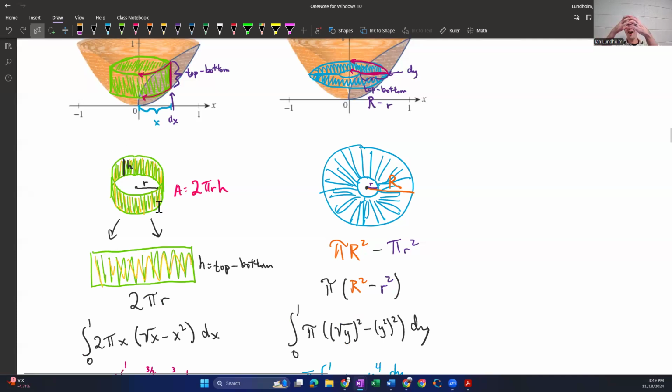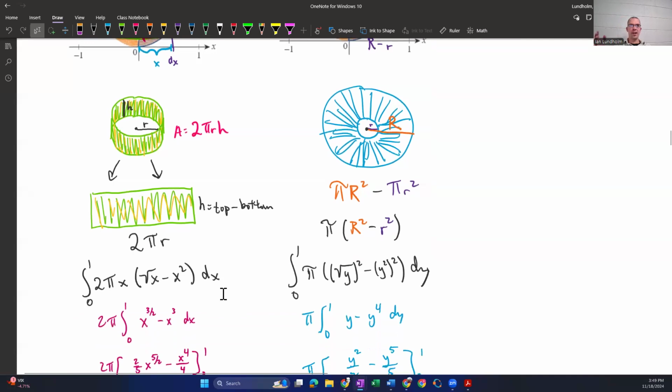And if we unwrap the cylindrical shell and put it down as a rectangle, the cool thing about this is that it's the lateral surface area of a cylinder. The area of this shell is 2 pi r because 2 pi r is the circumference of the circle, and that's how wide this rectangle is.